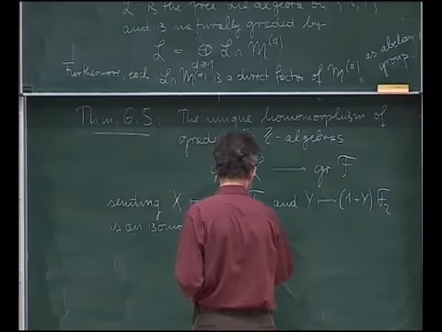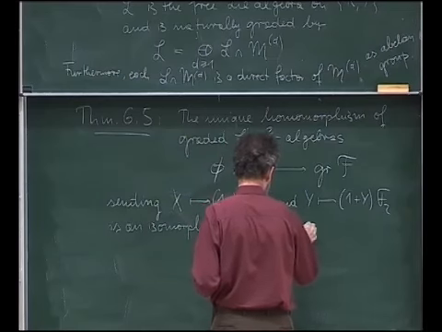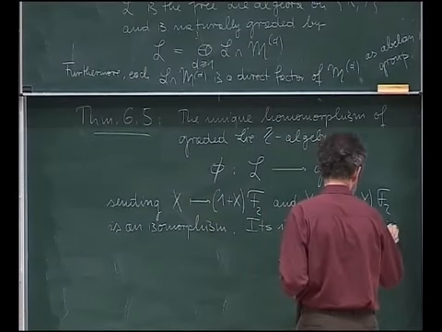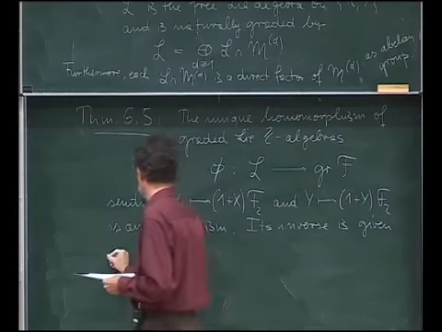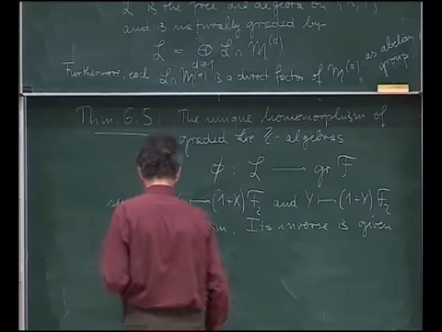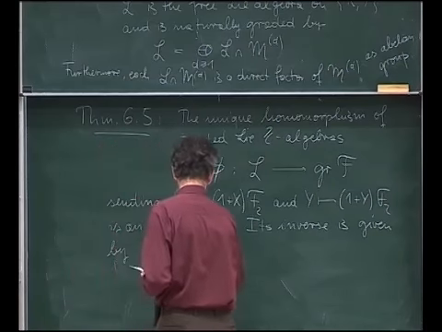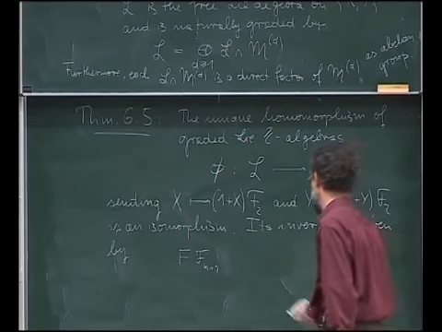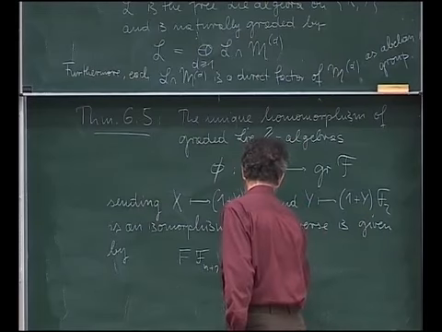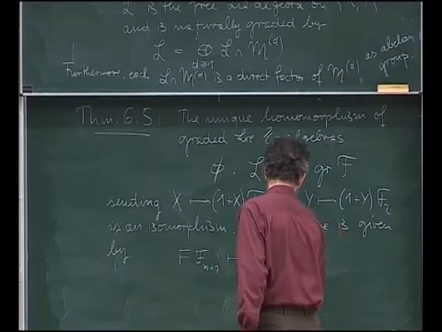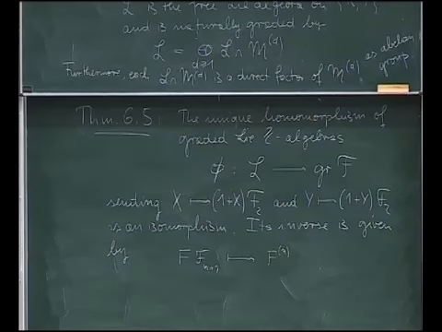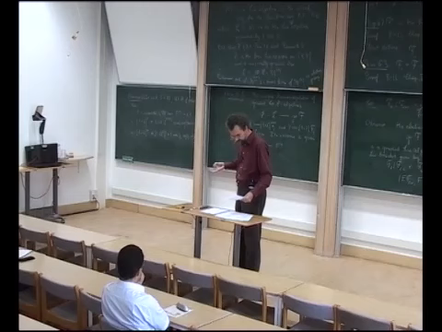And that, of course, is not a very explicit description. It's a description by universality, but the point is the inverse is very easy to describe. Its inverse is given by sending, take a coset, take any representative f, and send it to its homogeneous part, fn.